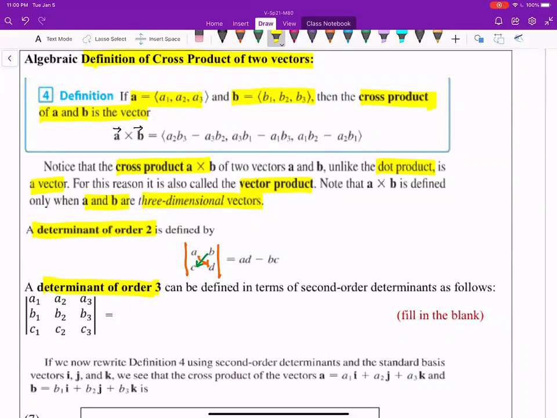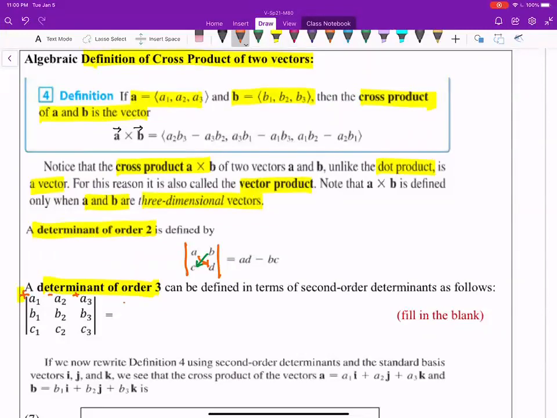You always go with a positive sign for the first element, a negative sign for the second element, and a positive sign for the third element. So the first row, first column member is associated with positive, the second with negative, and the third with positive.